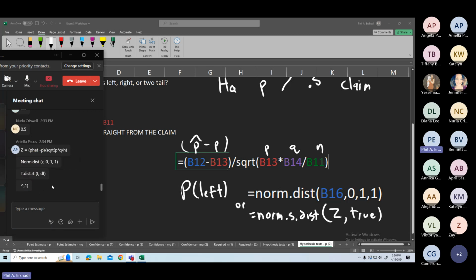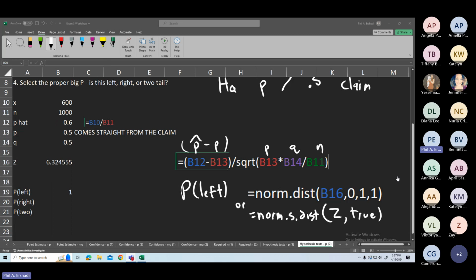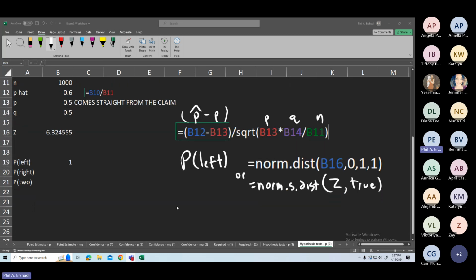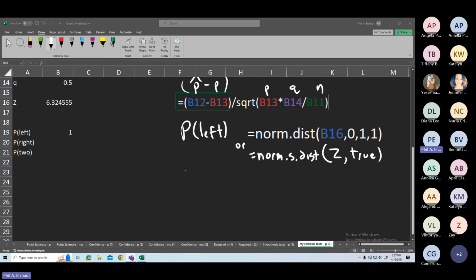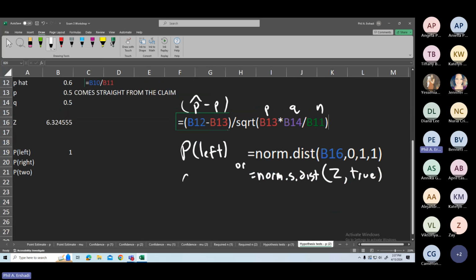Let's see, T.DIST.RT. Now you don't want to use T.DIST here. That's not the one that's going to work because what we're doing here is a normal distribution. So T.DIST would actually lead you the wrong way. What you want to do instead is once you get P left, you can get P right in one step using this formula. You might face palm when you see it.